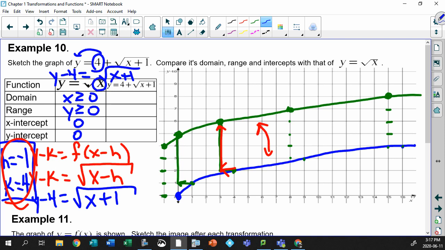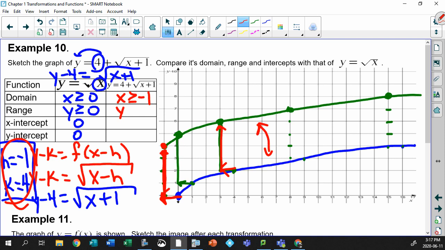Now, here's what's cool. Check this out. Look at the new domain. Because you shifted it back 1 and up 4, the new domain is also shifted back 1. So your new domain has to be x greater than or equal to negative 1 because you've shifted it. Your y then also gets shifted. It's shifted up 4.